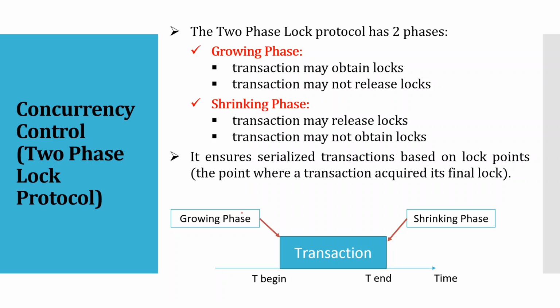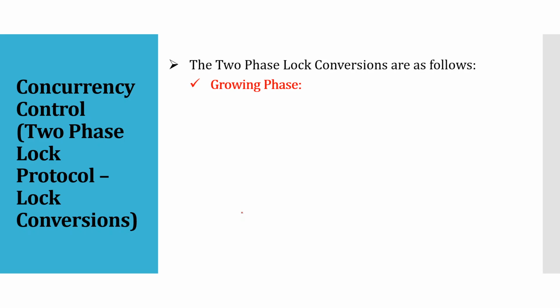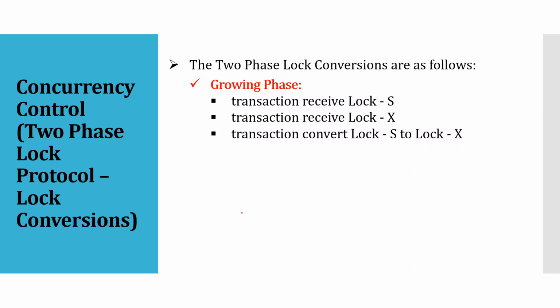The reason why we follow this growing phase and shrinking phase is that we are mainly concerned with managing and serializing particular transactions. You can convert a lock, but mainly you can convert only S lock to X lock.